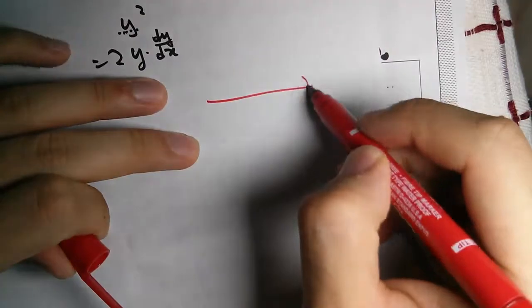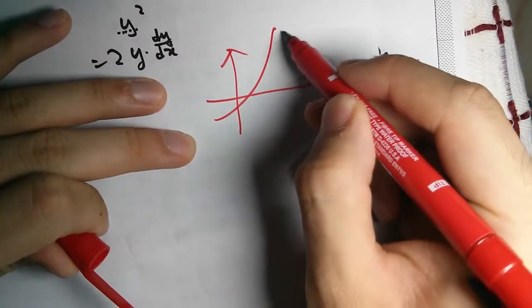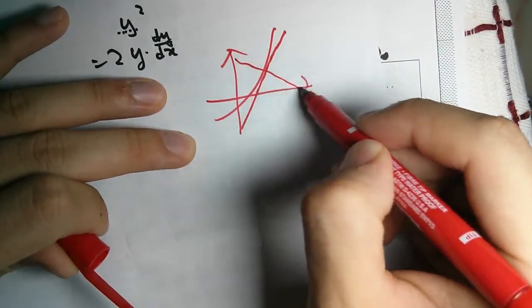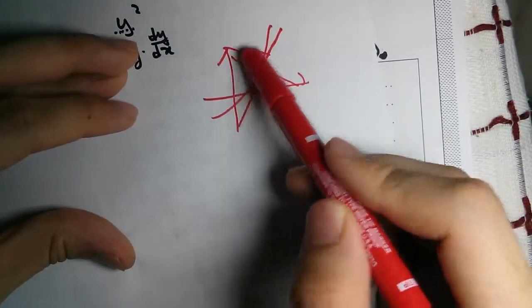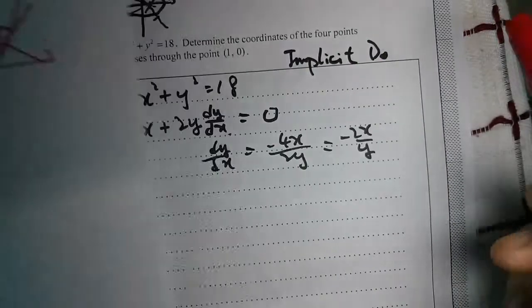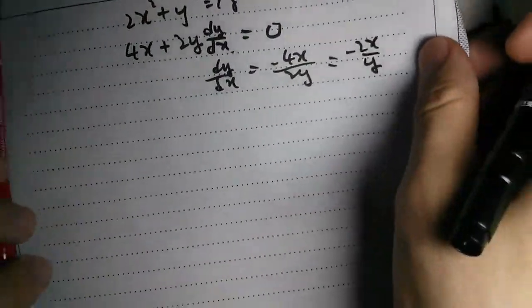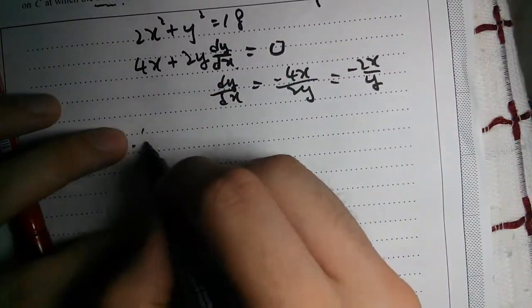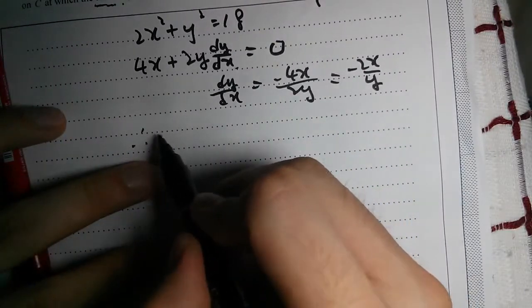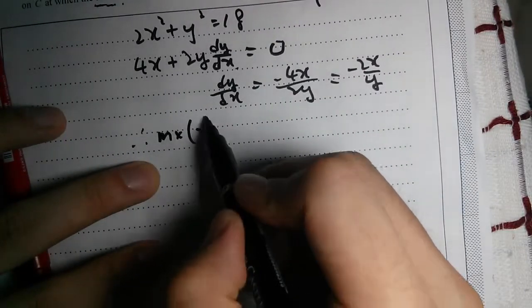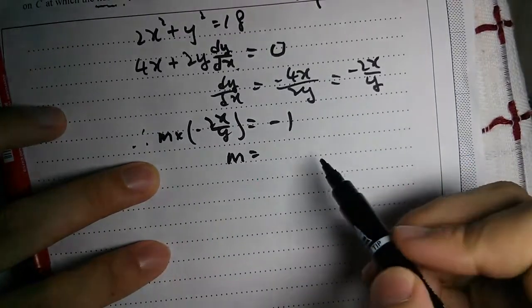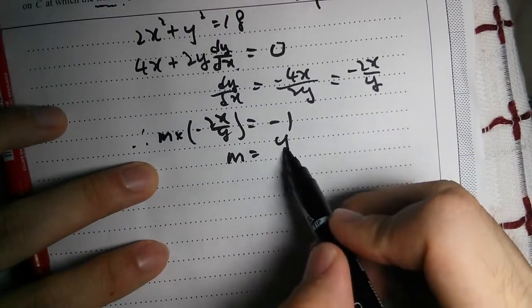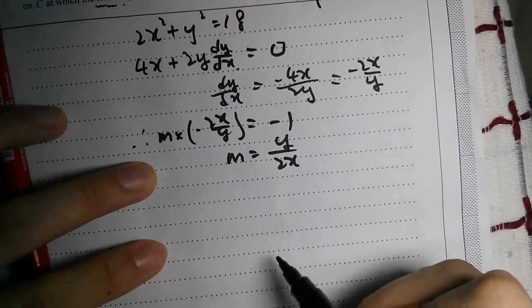And if you know the relationship between the tangent and the normal, you will know that they're perpendicular to each other, which means if you multiply those gradients together, it's supposed to be -1. Therefore, the gradient of the normal, say m, times negative 2x over y is supposed to be negative 1. Solving this equation, we have m being y over 2x.